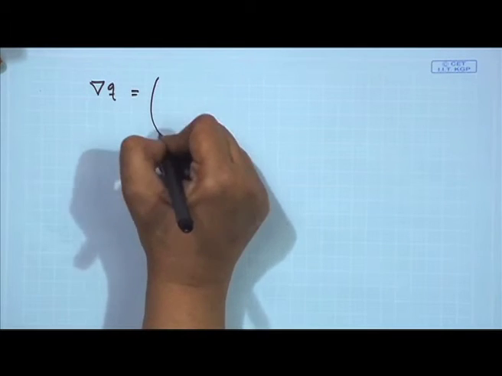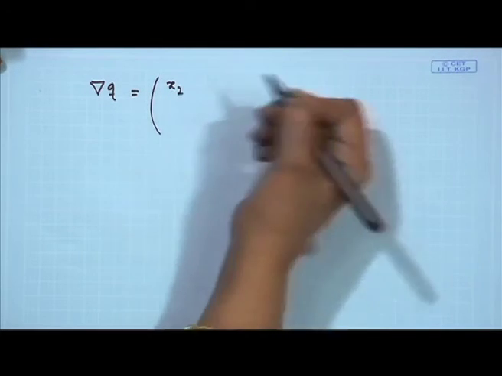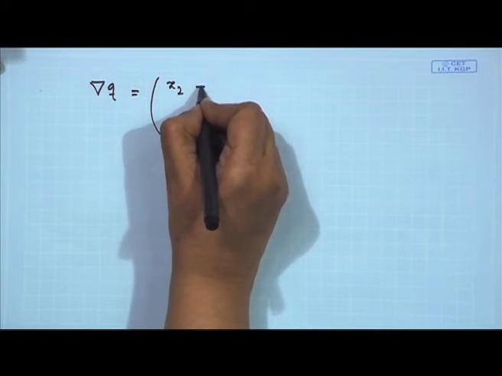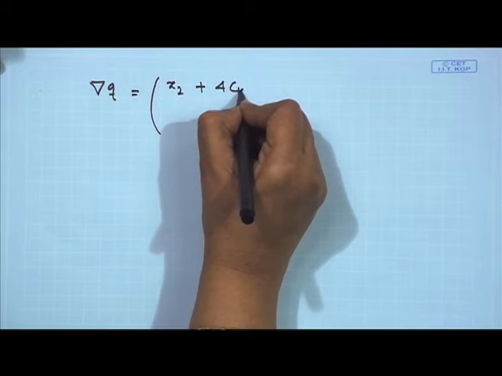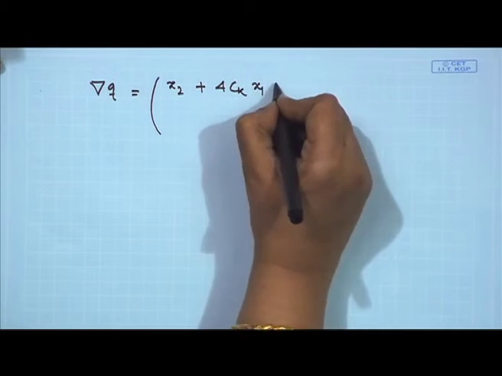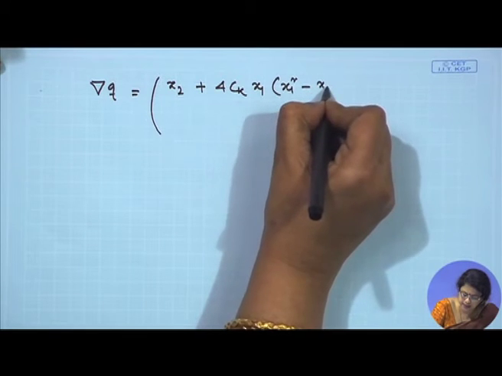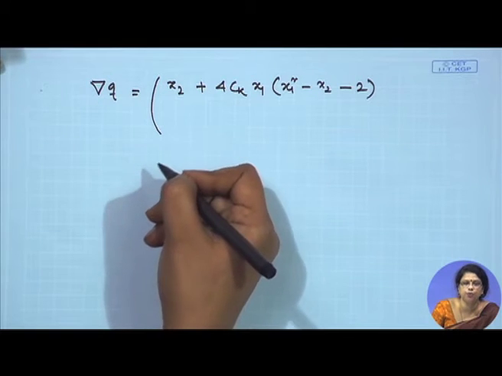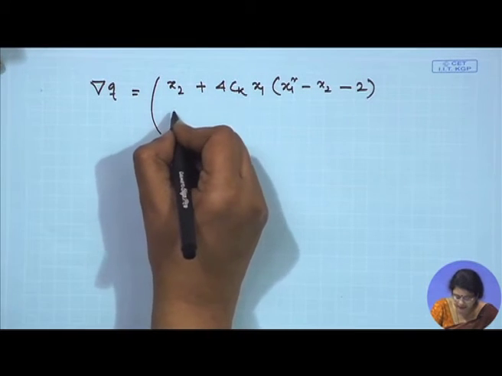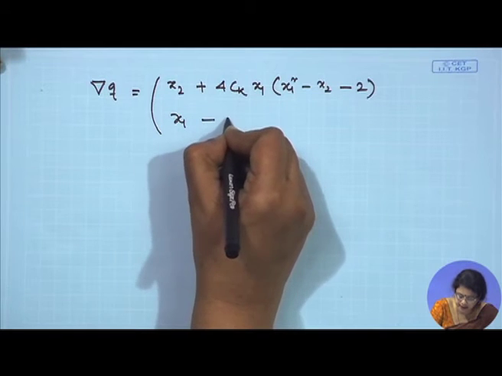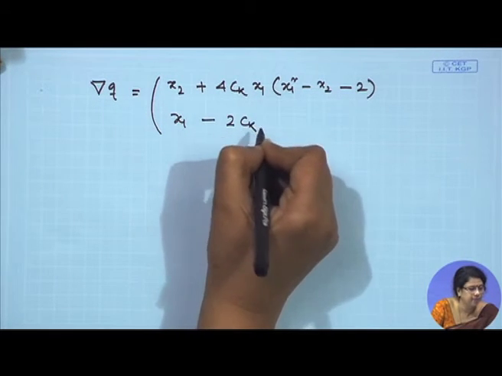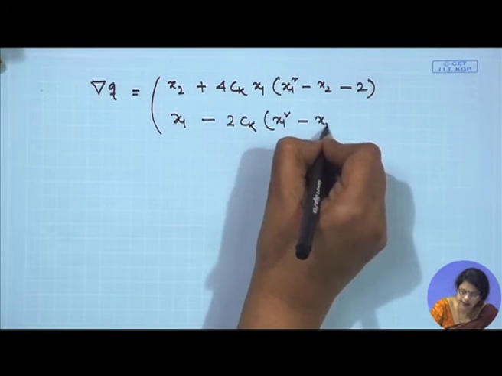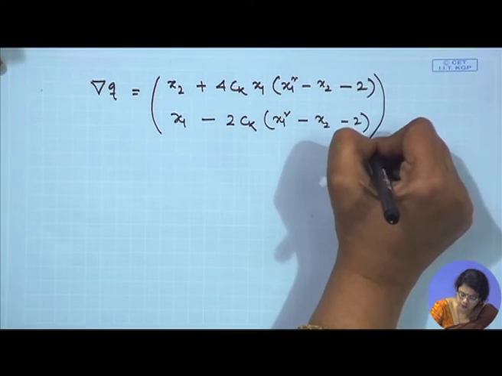Differentiating q with respect to x1, this is equal to x2 plus 4 Ck x1 (x1 square minus x2 minus 2), and differentiating q with respect to x2, we get x1 minus 2 Ck (x1 square minus x2 minus 2).